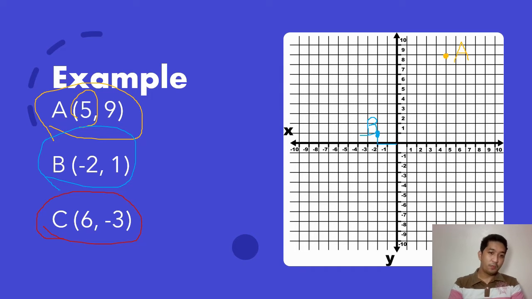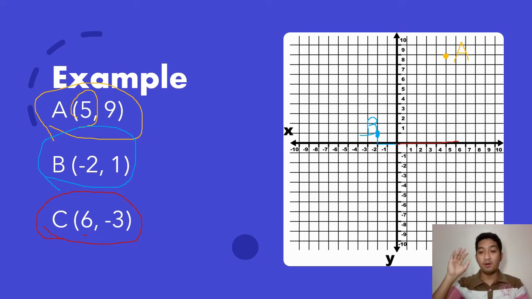Point C has the coordinates (6, -3). Now, saan ako unang titingin? X values. Ano ba yung x value dito? 6. So, mula sa origin, move ako ng 6. Pakanan o pakaliwa? Pakanan, kasi yung kanan po yung positive. So, 1, 2, 3, 4, 5, and 6. Stop na ba ako? Hindi pa po, kasi meron pa akong negative 3.